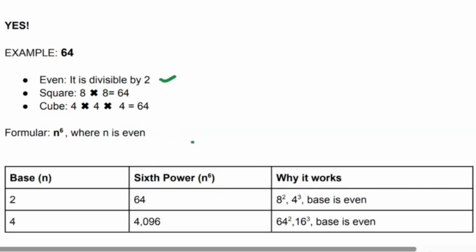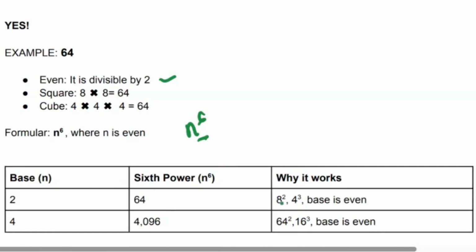And in order to find this with any even number specifically, this is the formula we use. It's n raised to the power 6, as we have over here. Any even number raised to the power 6 is automatically a perfect square, a perfect cube, and an even number at the same time. So if we take 2, we have 2 raised to the power 6 gives us 64.